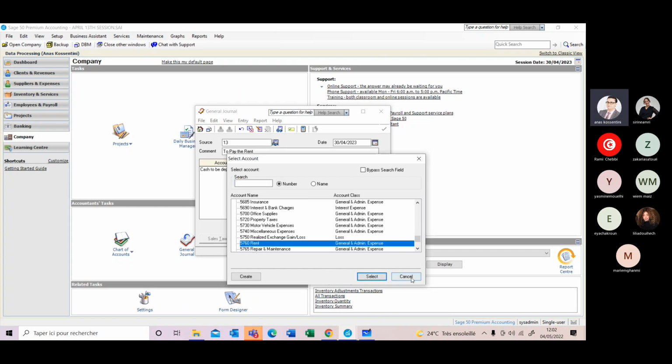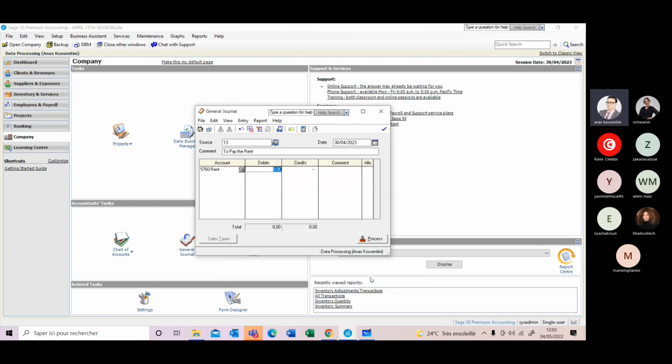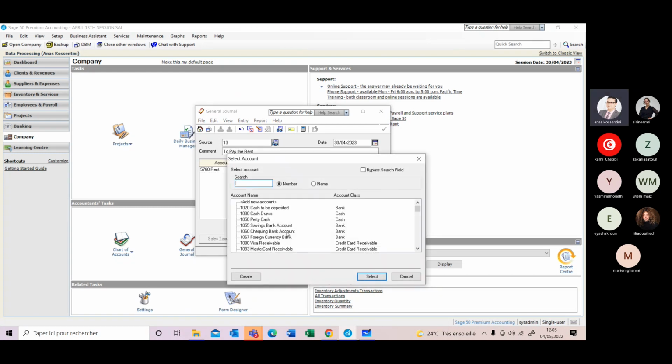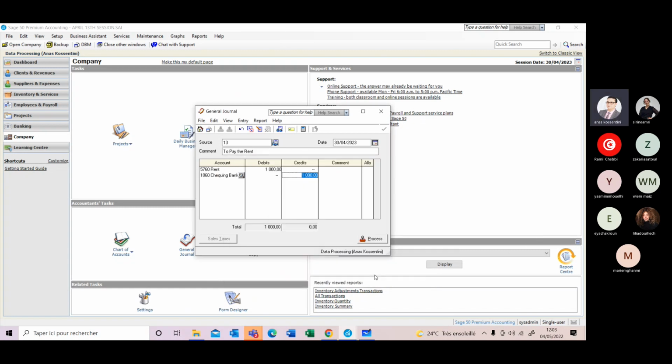It's 5760. You select it. Under 5760, debit, for example, 1000. And you credit, select for example the checking bank account, 1000. Okay, this is a recurrent transaction that we have to do every month.